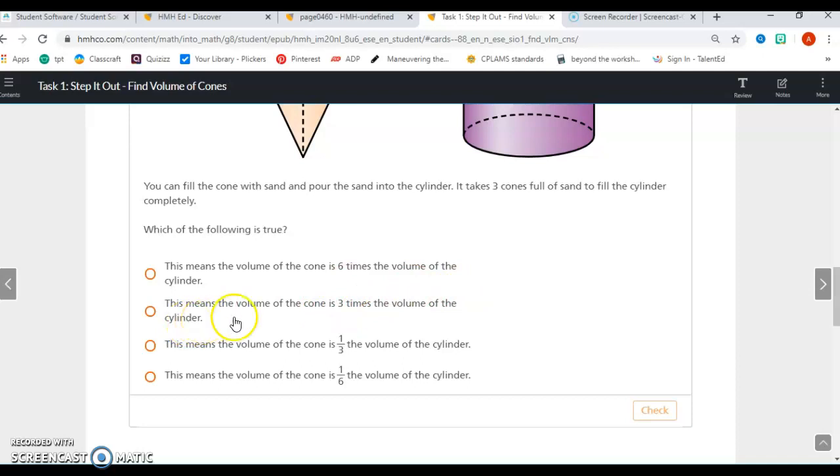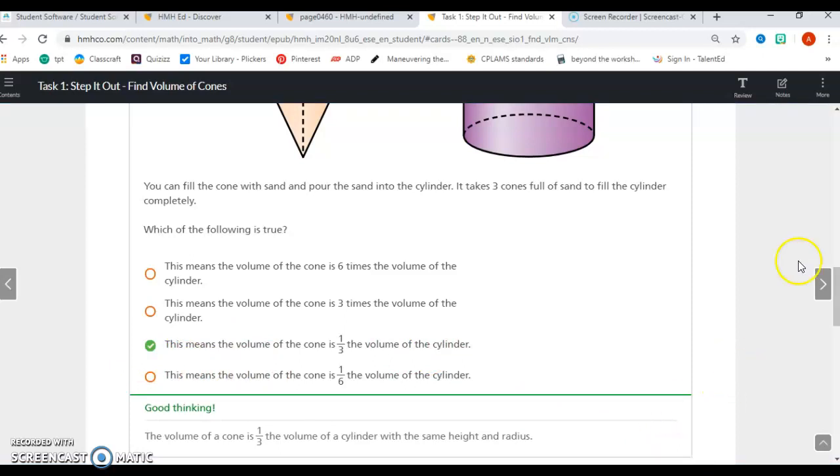This is reading as in the cone is 3 times larger than the cylinder. So let's keep going. This means the volume of the cone is 1/3 the volume of the cylinder. Read it again. 1/3, being a fraction, is smaller. So this is saying the cone is smaller than the cylinder. That's what I'm looking for.